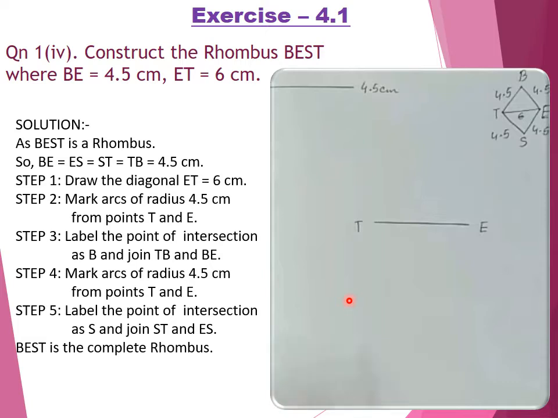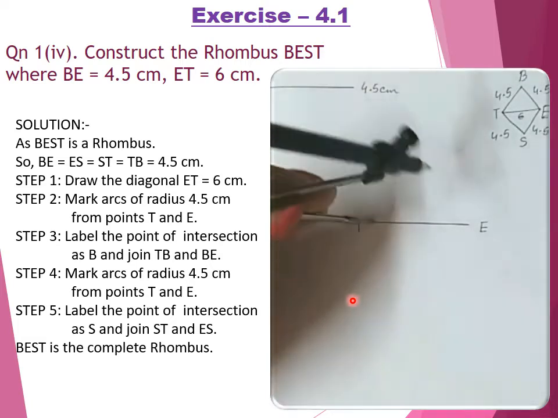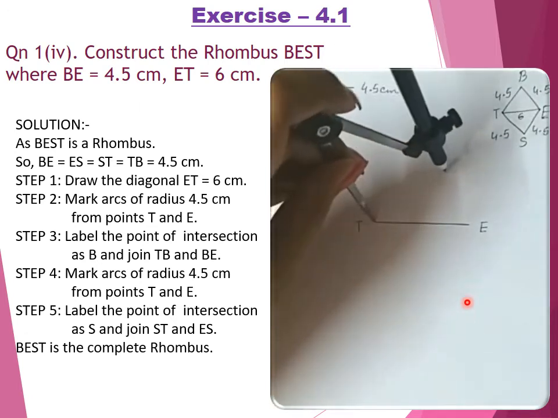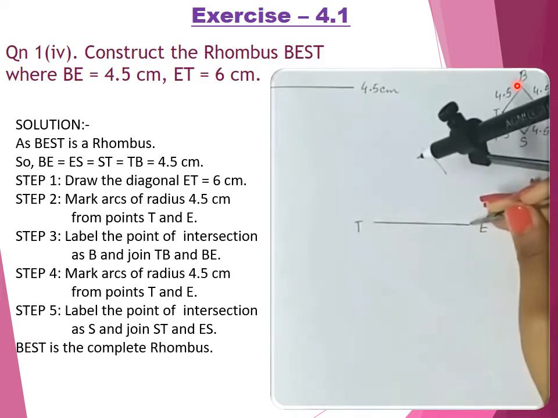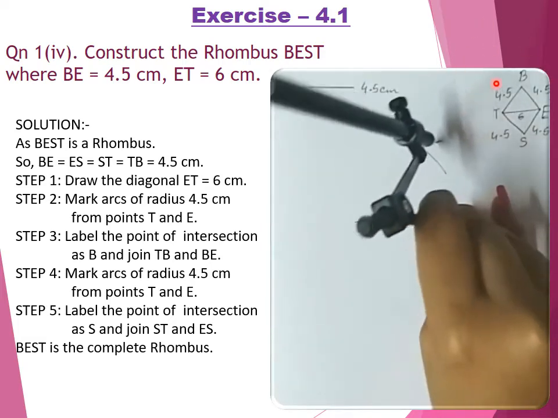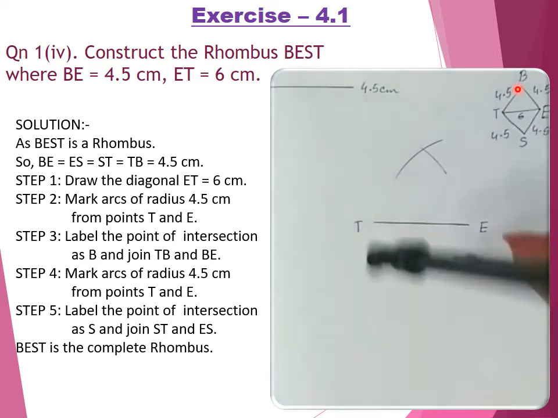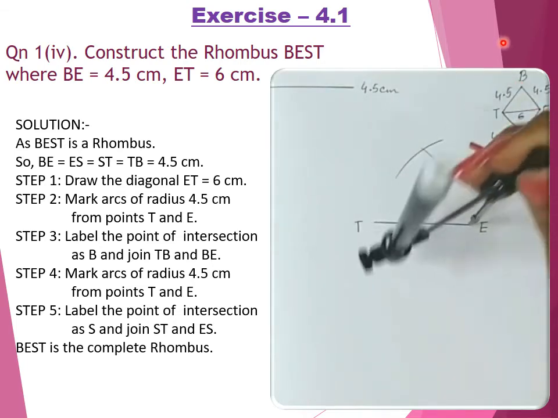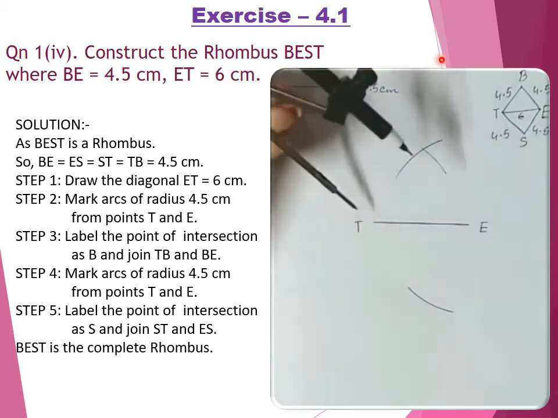So we will start marking the arcs. We have TE as 4.5 centimeter. Again we'll draw BE as 4.5 centimeter. Since the length is equal, I'm going to draw all the arcs at a time so that we don't waste any time.